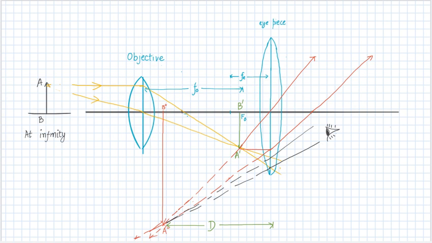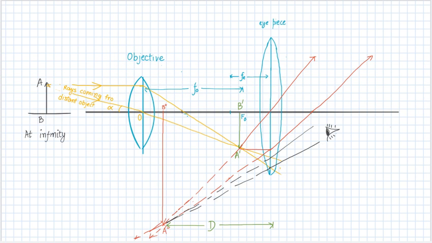If this point is the center of the objective, that is, the optical center represented by O, then it makes the angle alpha with the rays coming from the distant object.